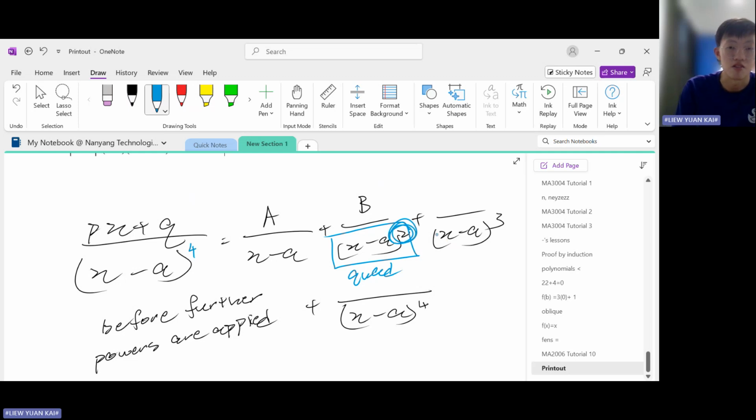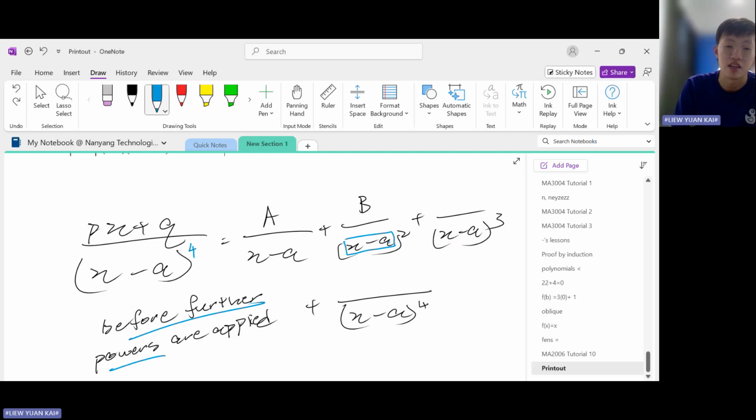But since the rule is that you take one power less than the polynomial before further powers are applied, you don't look at this, because this is the further application of a power. What you look at is inside the bracket before further powers are applied. So this 2 here is what I'm talking about when I say further powers are applied.